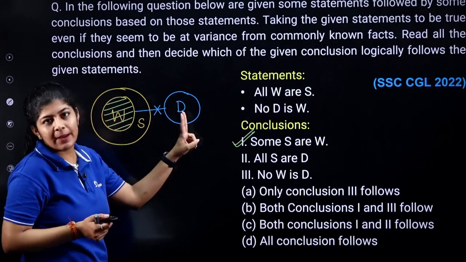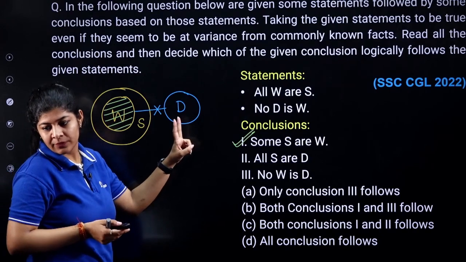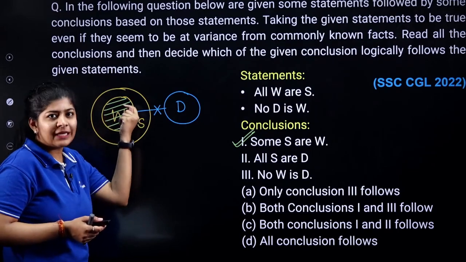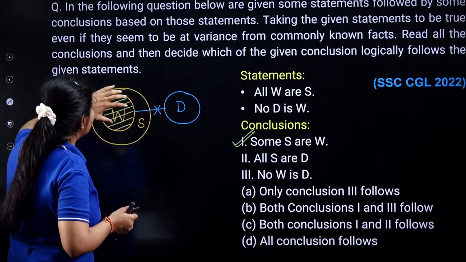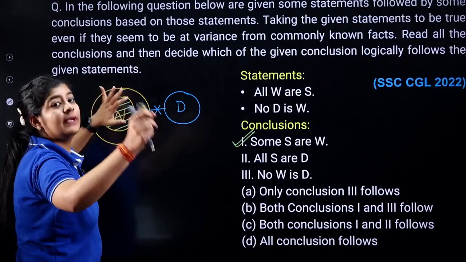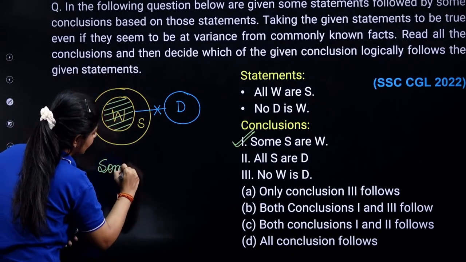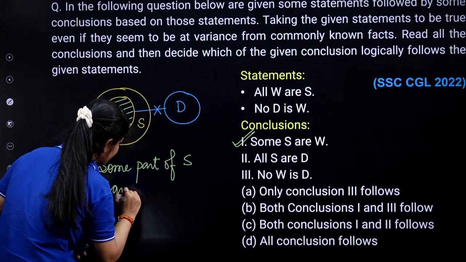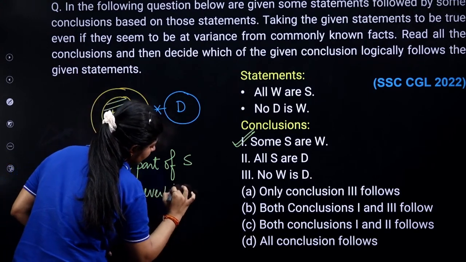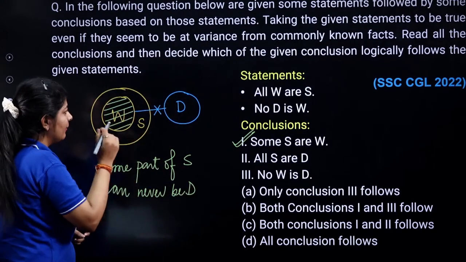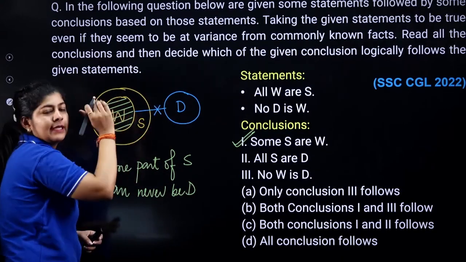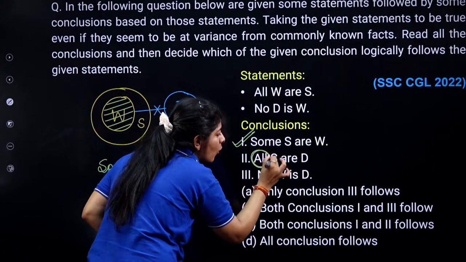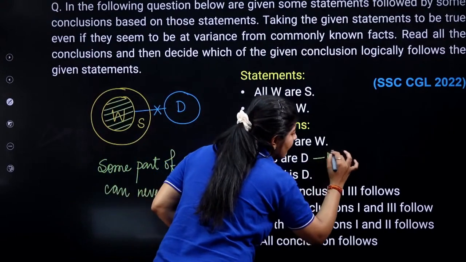So we can say that this part of W, we can consider it as some part of S. So we can say that some part of S can never be D, because this part can never be D. This is considered as some part of S, and here we are talking about the whole part of S. So this statement is false.